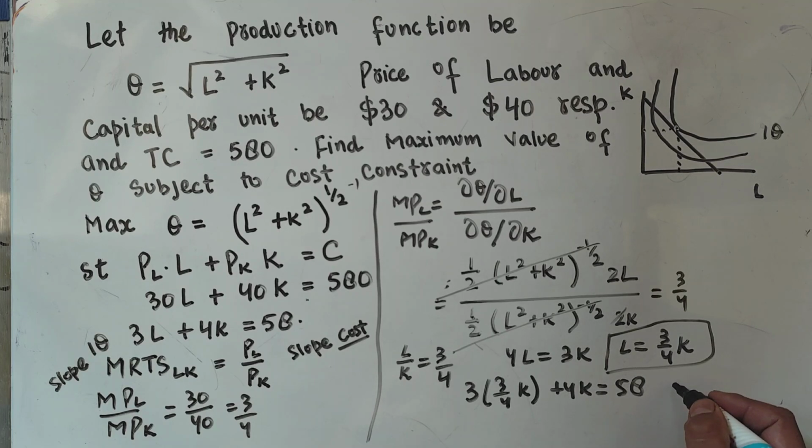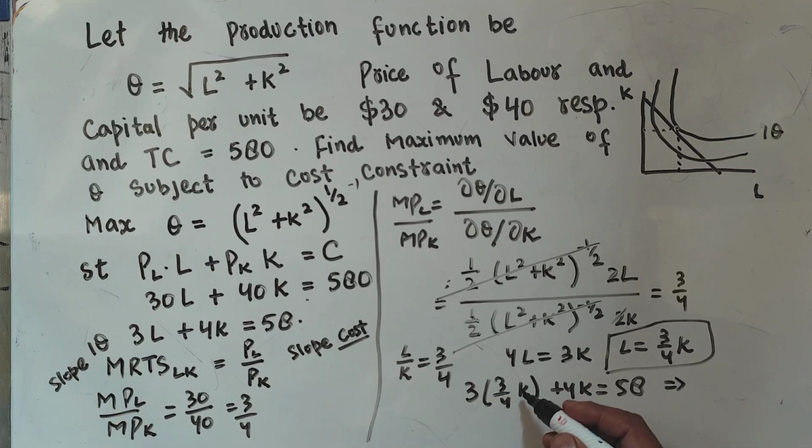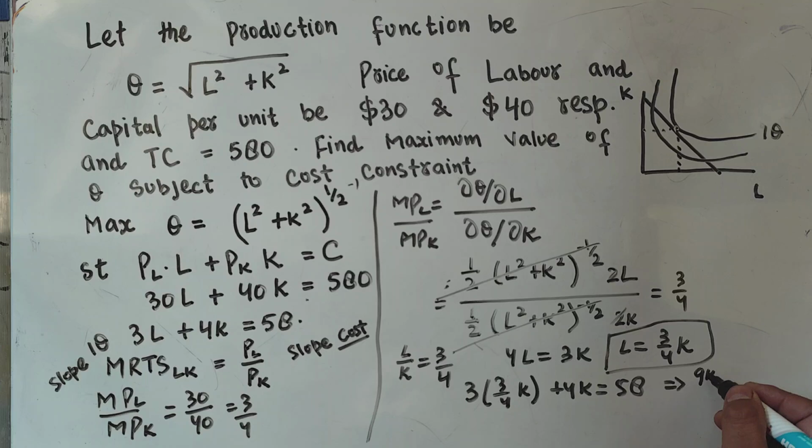Solving it further, 3 3s are 9K upon 4, so we get 9K upon 4 plus 4K is equal to 58.